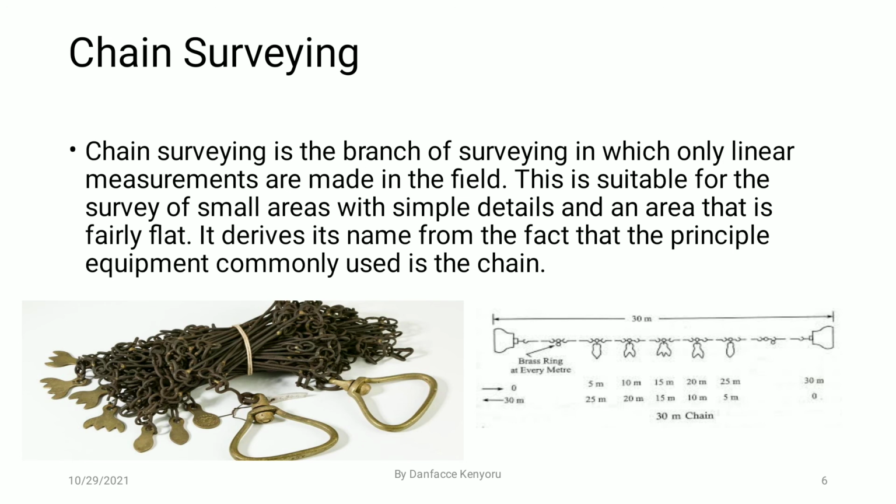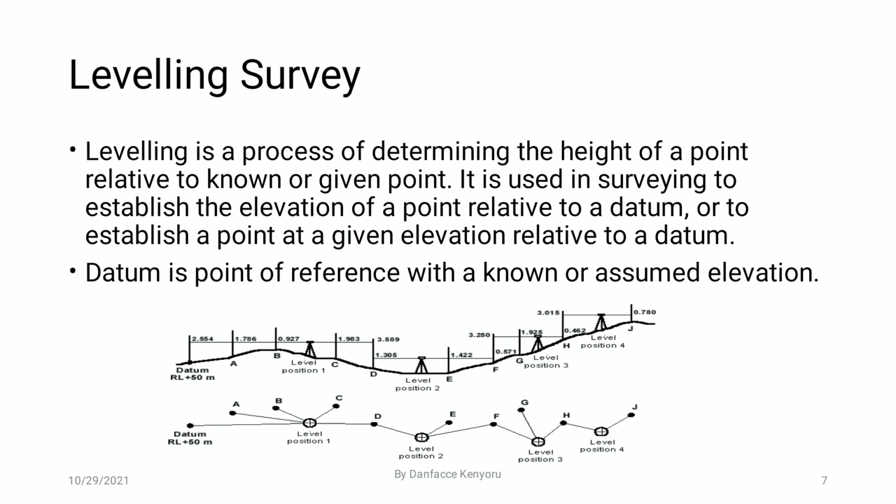The other element is leveling. This is the process of determining the height of a point on, under, or above the Earth surface with respect to a given point. It is used in surveying to establish the elevation of a point relative to a datum.